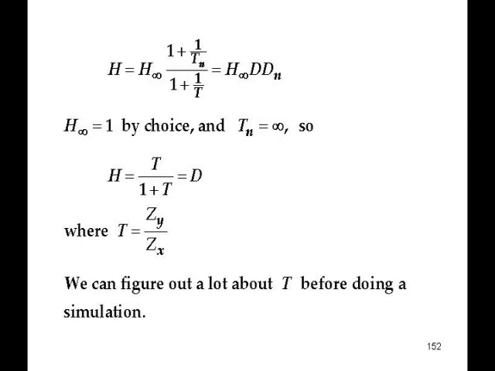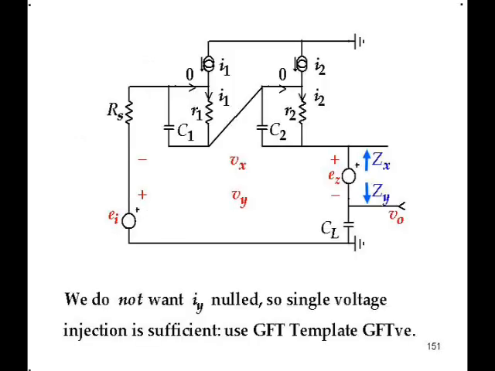Now we can figure out a lot about T before doing a simulation. Zx, that's the impedance looking back, has two poles because there are two reactances in the Zx.